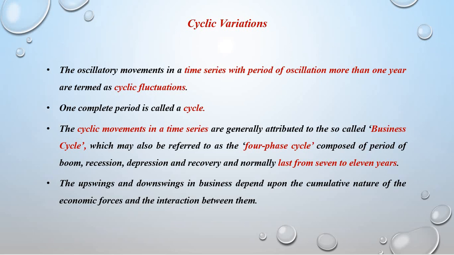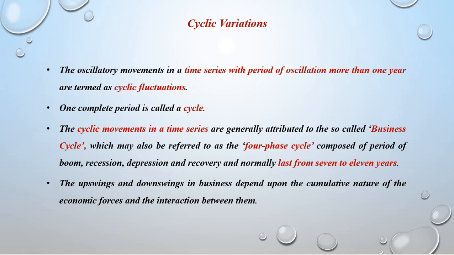The next component is the cyclical variation. The oscillatory movements in a time series with a period of oscillation of more than 1 year are termed cyclical fluctuations. One complete period is called a cycle. The cyclical movements in a time series are generally attributed to the so-called business cycle.